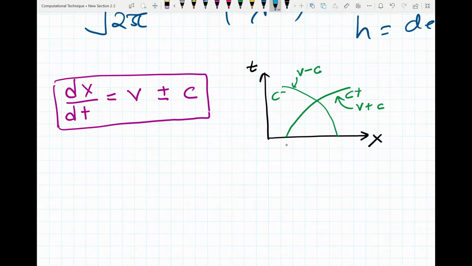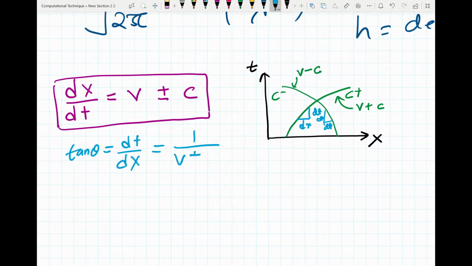The slope of these curves will be given by tan theta. If you take a slope here, this is dt, this is dx, you'll get dt by dx, which will be equal to 1 by v plus minus c.